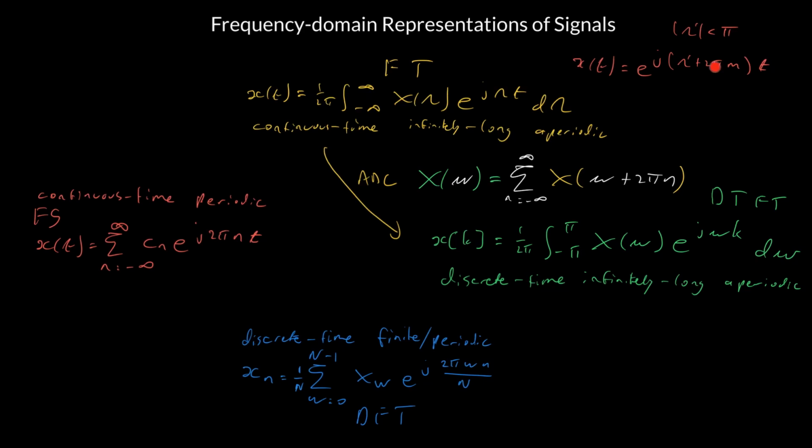Now, just by inspection, we actually see that at integer samples, when t is an integer, e to the j 2 pi mt is always equal to 1, which means that we can just cross out this term, and in this representation here, we can just use the fundamental frequency e to the j omega t.